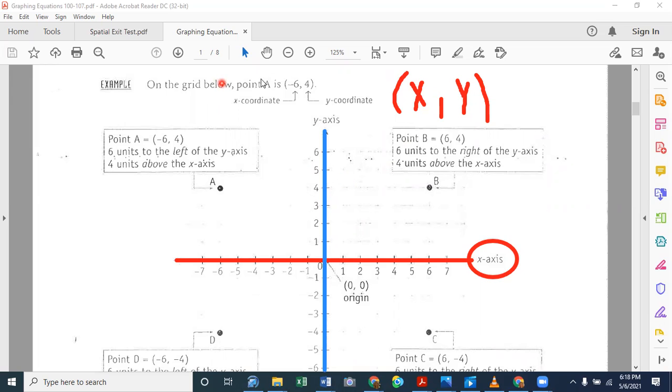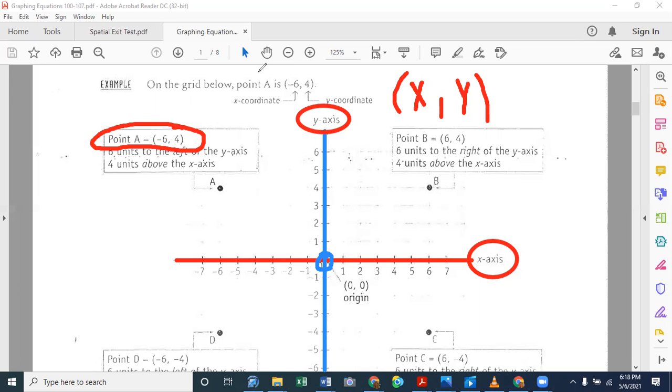And 0 works right in the center here. This is 0, and that's 0 for the x-axis and 0 for the y-axis. So they call this the y-axis. So for instance, if I was going to plot point A over here, -6, 4. The -6 is my x value. That's how far to the left or to the right the number is from 0.